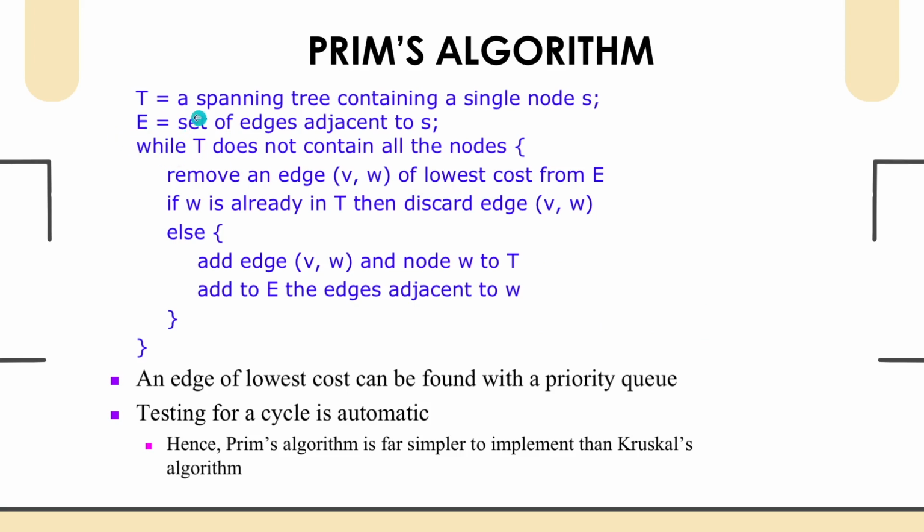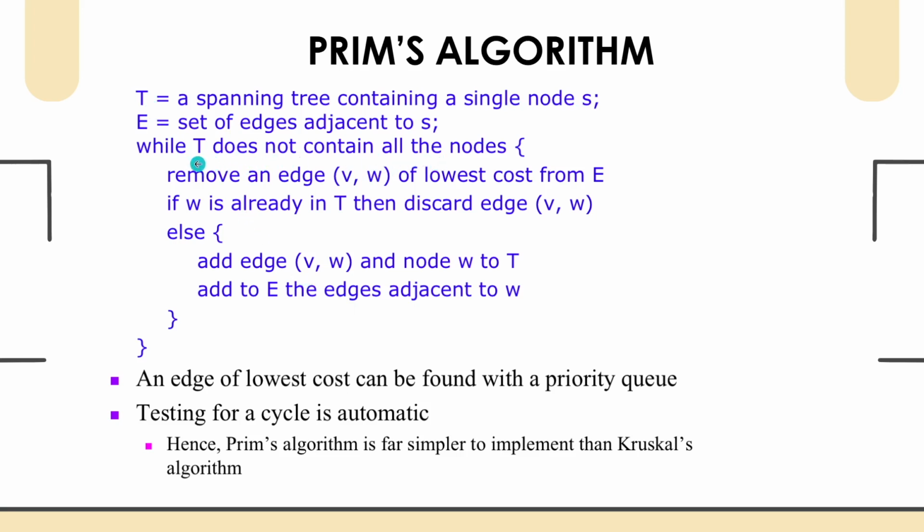Initially, T represents the spanning tree, and the spanning tree will be containing only the start vertex, which is S in our case, and we are going to have another set E, which is the set of edges that are adjacent to the start vertex. So, these are the initialization parameters for this algorithm. After that, we are going to repeat until T contains all the nodes.